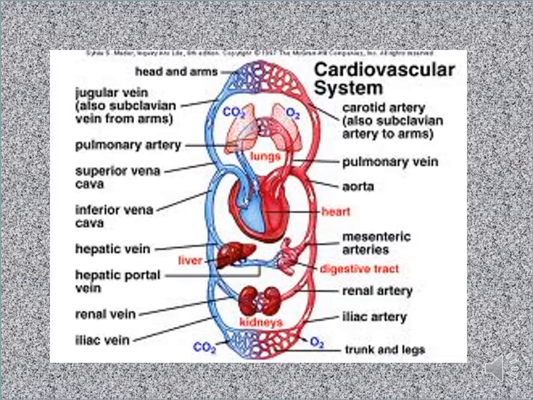This figure shows the cardiovascular system from the heart. We have two circulations, the pulmonary circulation and systemic circulation.